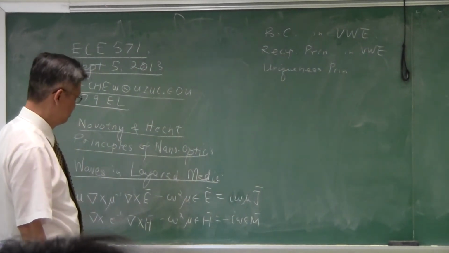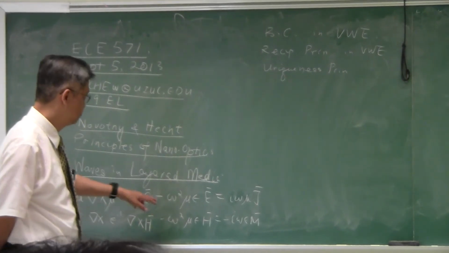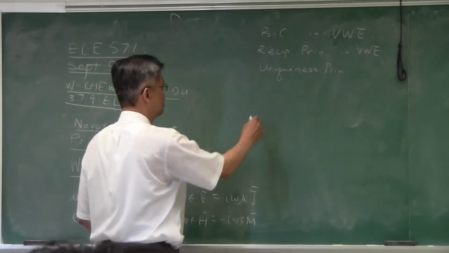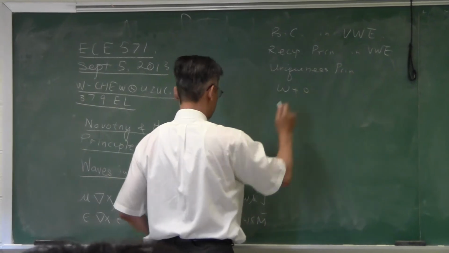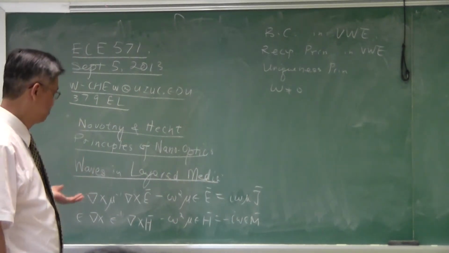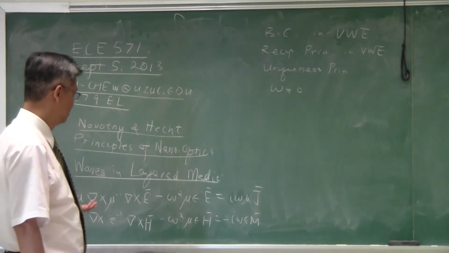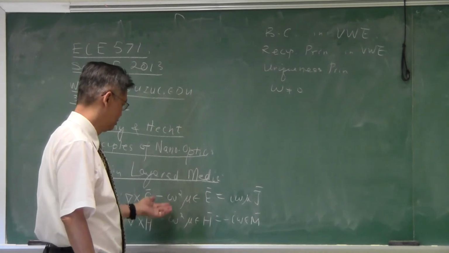And what it says is that we don't actually have to work with Maxwell's equations. If omega is not 0, you can actually start to work with the vector wave equation. It has all the properties of electrodynamics. Only these equations have a problem when omega is equal to 0.